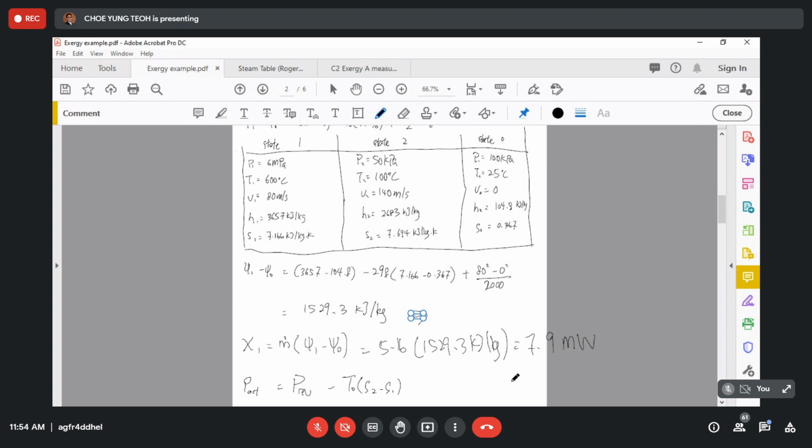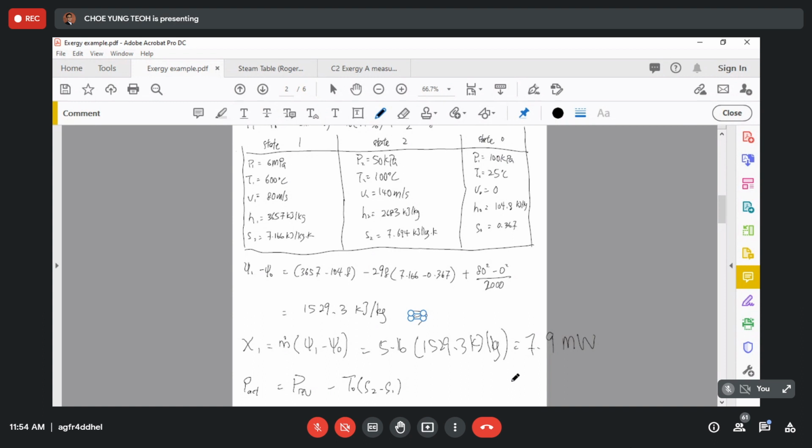Okay. Any problem to understand this? I think the difficult part is to get the mass flow rate. Remember that the mass flow rate can always be calculated from the actual power output by just removing the irreversibility or any other losses from the system.